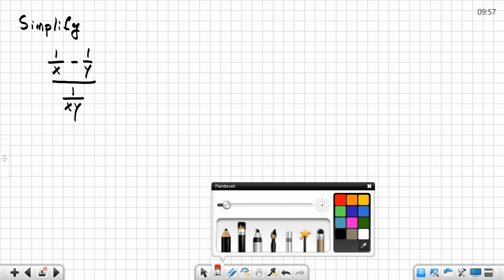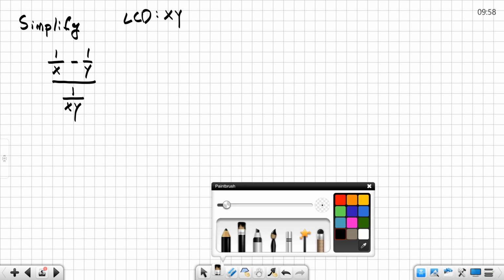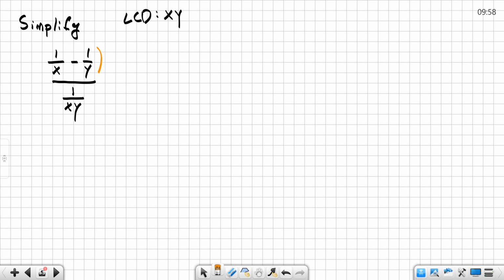So let's have a look at this one. What are the denominators? There is an x in my first one. There is a y. That means the y also has to come. In the denominator, there is an x and a y. I have both of those. That makes x times y the least common denominator.